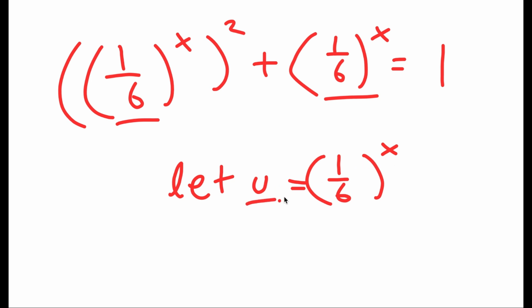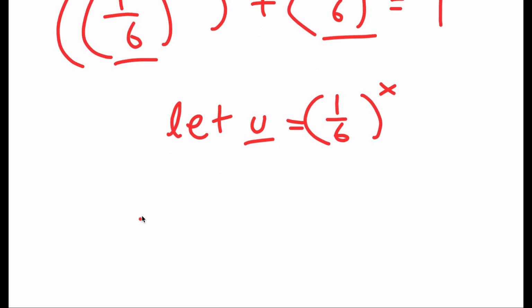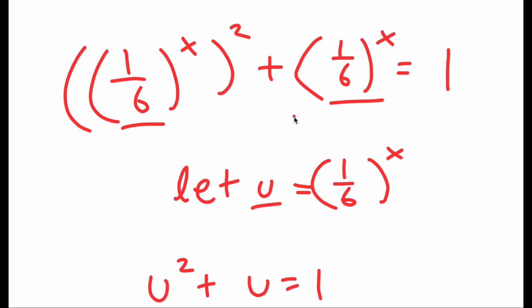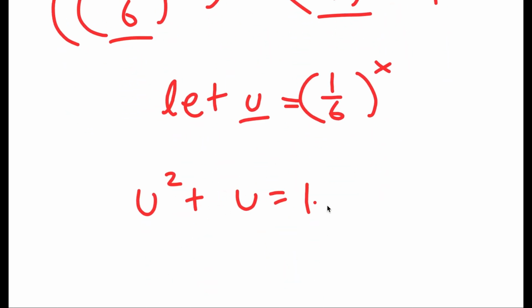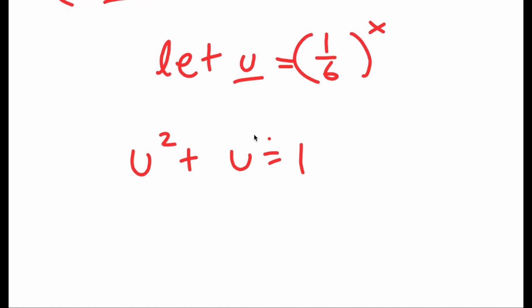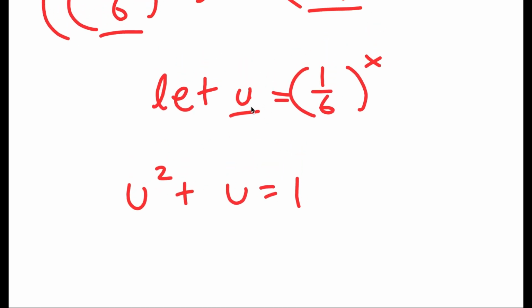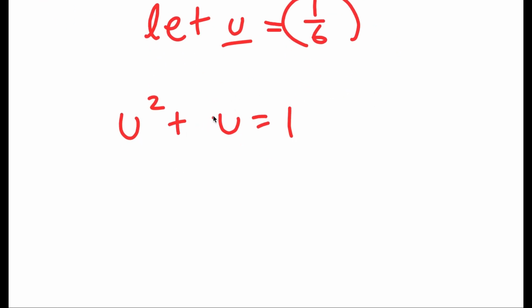So now I can substitute 1 over 6 to the power of x with u. So I get u squared plus u is equal to 1. And the reason I'm doing this is to just simplify the problem a little bit more. And then once we find the value of u, we can plug it back in here and find the value of x. So our goal right now is to find the value of u.